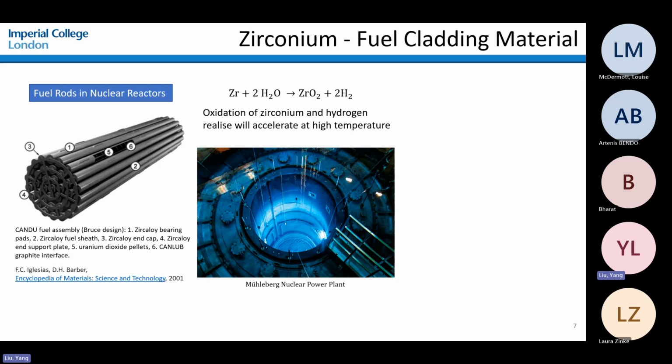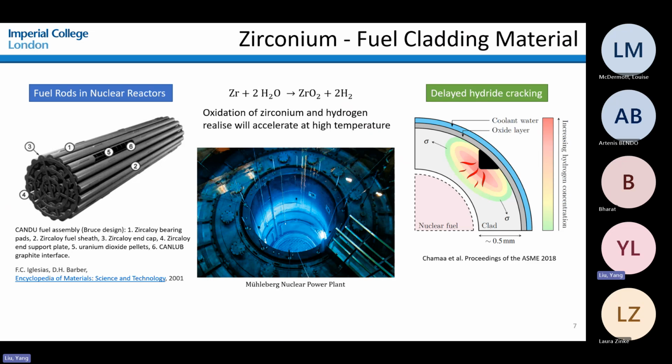The temperature started to rise, and the acceleration of this chemical reaction led to the accumulation of hydrogen, and then to the burst and explosion in Fukushima. That's what we want to avoid in the end.